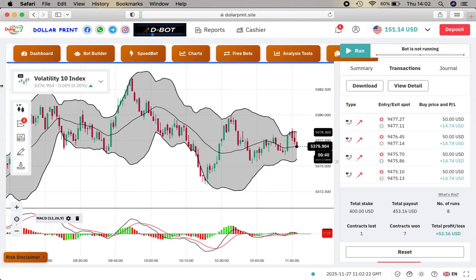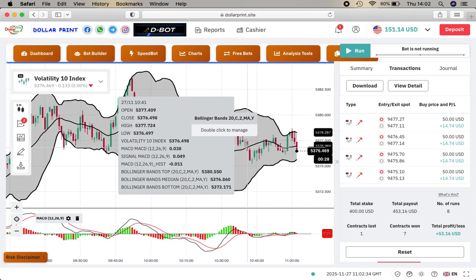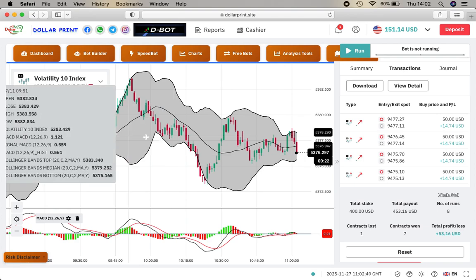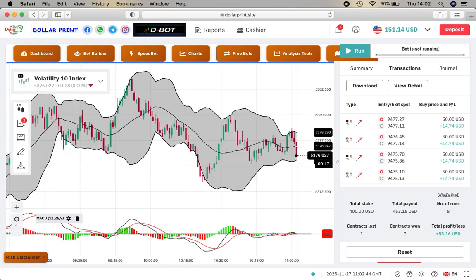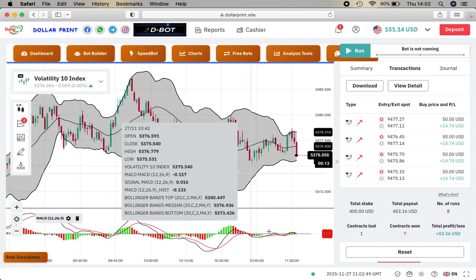But if it moves below it, it means the market is gonna go downtrend, and you can trade lower. You can wait for the next candlestick for confirmation, because if it closes below this moving average, that means the market is on a good downtrend, as I say. So you only need to wait and go for lower.